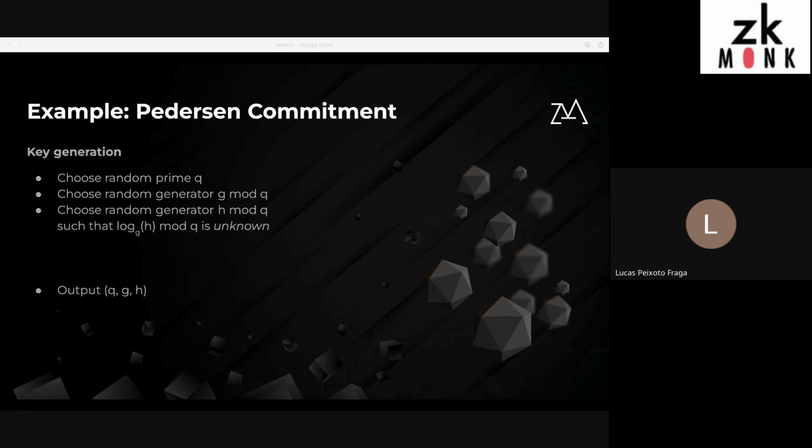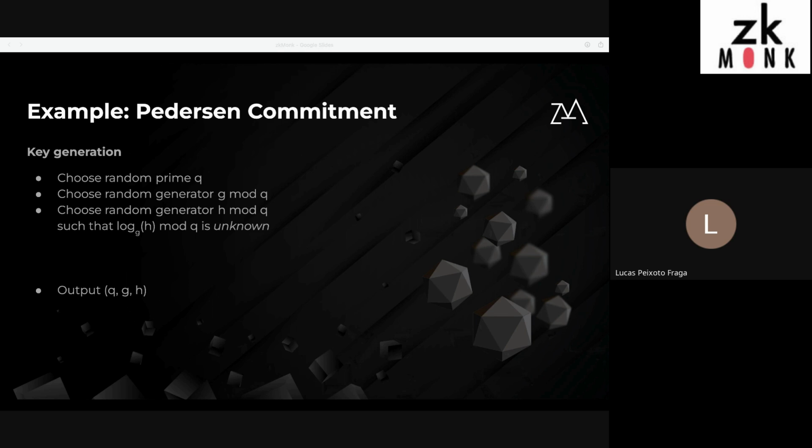And for Pedersen commitments, the setup needs a large prime q to use as our prime field. And we need two generators of this prime field, g and h, okay? And the discrete logarithm between these two generators must be unknown.